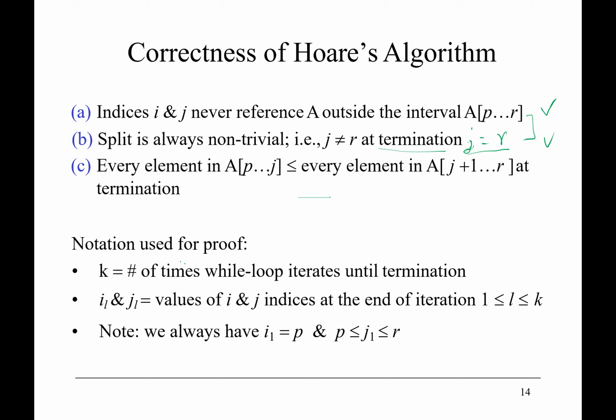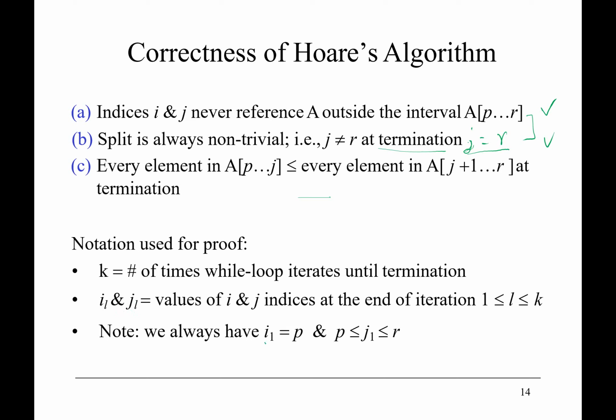k corresponds to the number of times the while loop iterates until termination. This is the final iteration. And we use i_l and j_l corresponding to the values of the i and j indexes at the end of iteration l, where l corresponds to the number of iterations. i_l and j_l are the locations of the pointers i and j in the l-th iteration.